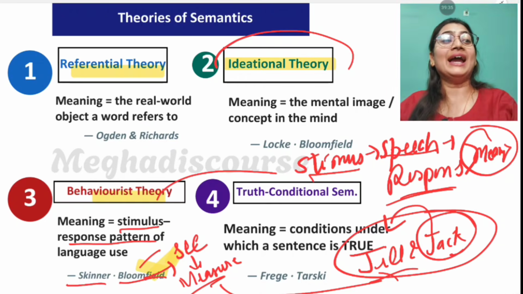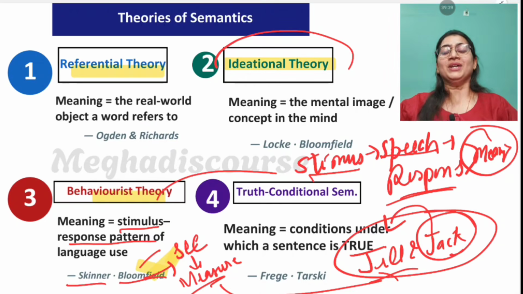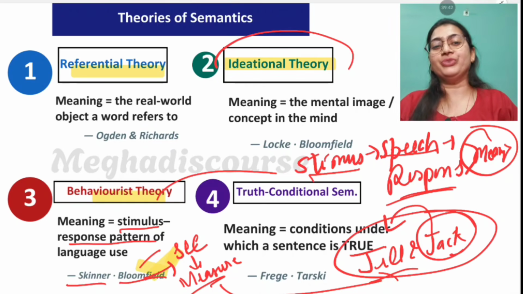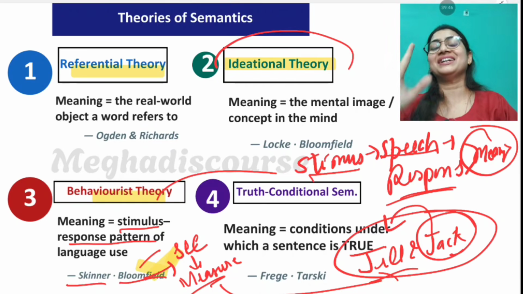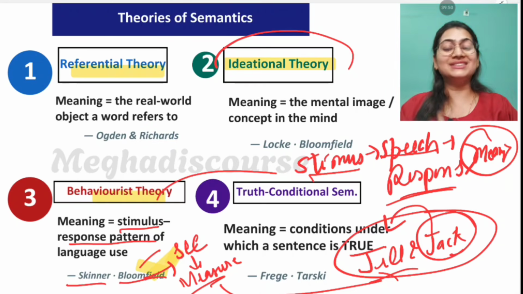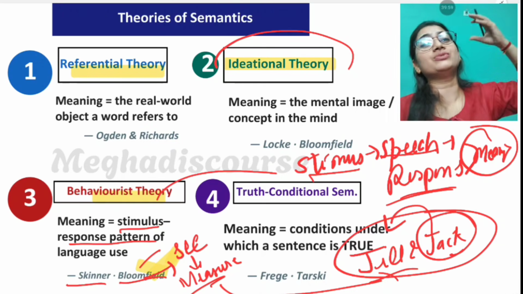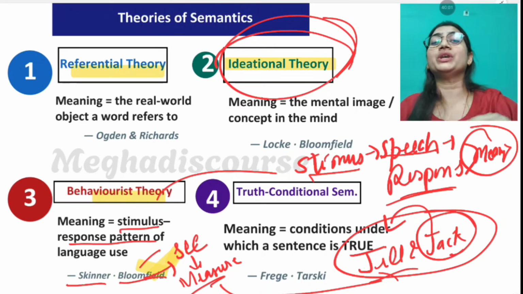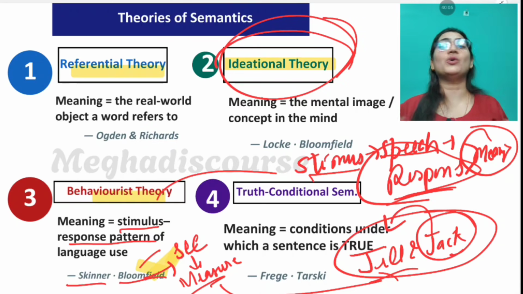I am hungry. And what is the response? He climbs the tree. Okay. Now, according to Bloomfield, the meaning of Jill's words is the entire utterance, the hungry situation, the stimulus that caused Jack's response. So you don't need to look into the mind of Jack to understand the ideational theory. Just look at the response he has given, and that is how they communicate.